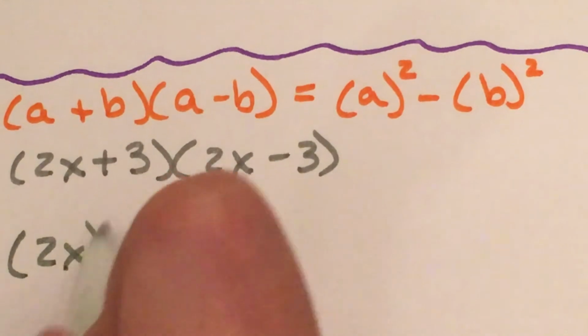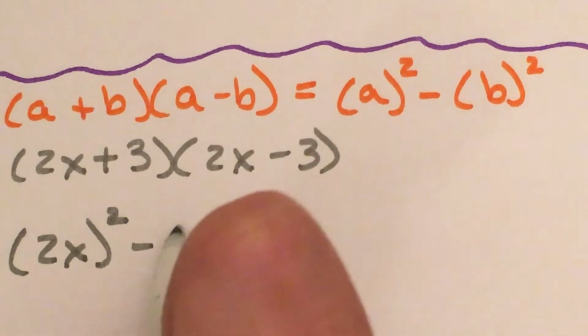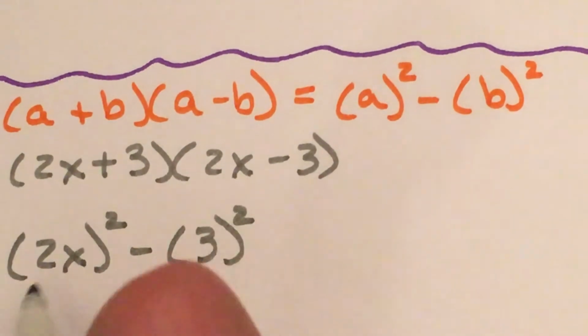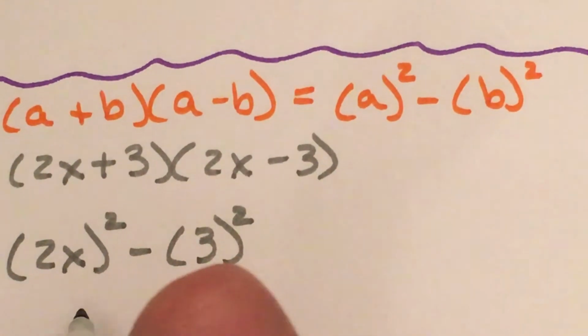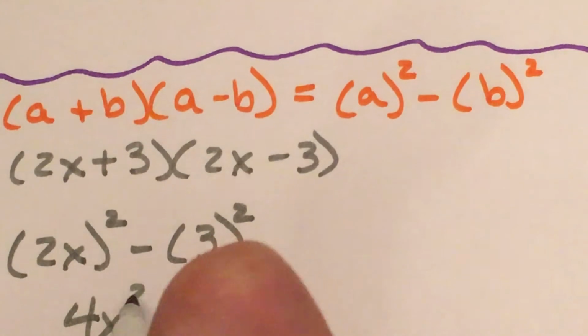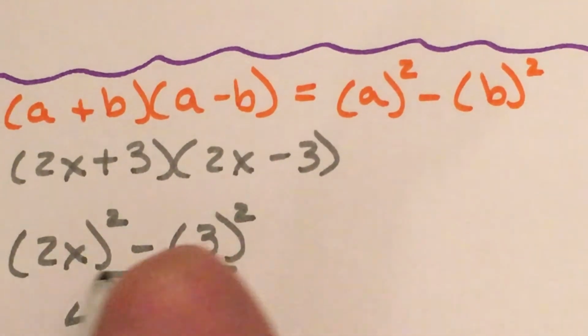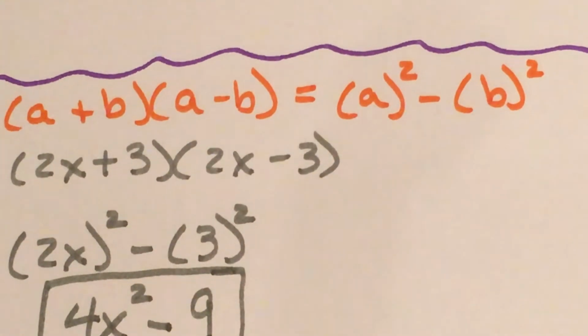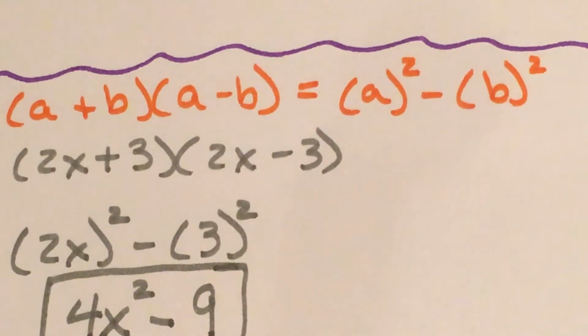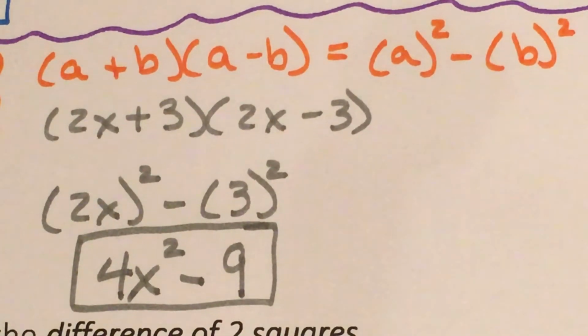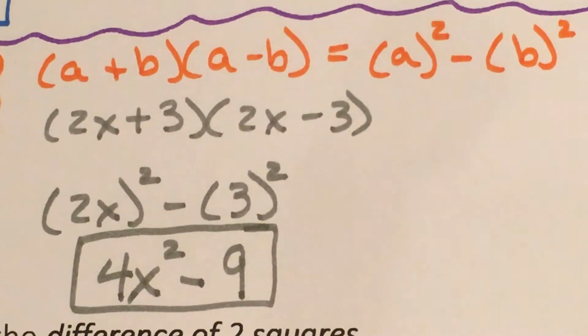A is 2x, I'm going to square it, minus b, which is 3, I'm going to square it. 2x quantity squared is 4x squared, minus 3 squared is 9. And hey, that was the exact same answer as when we did FOIL. It just came faster. Yeah, it was pretty great.